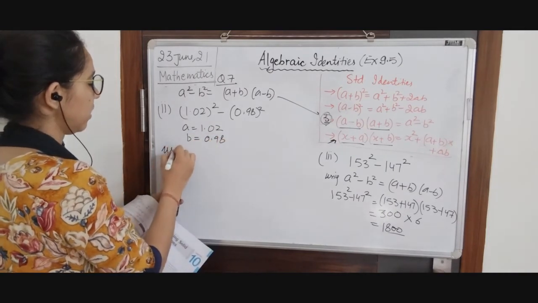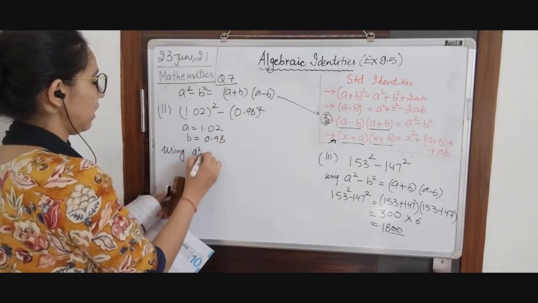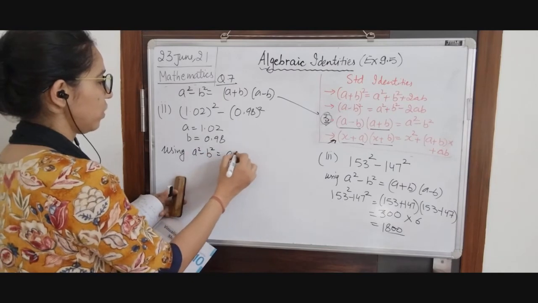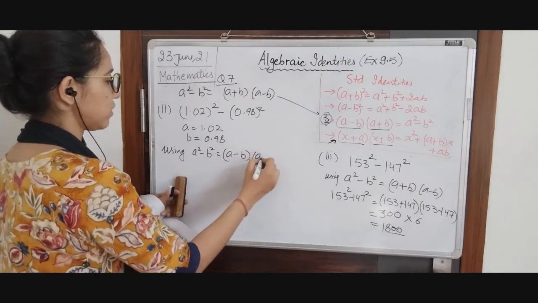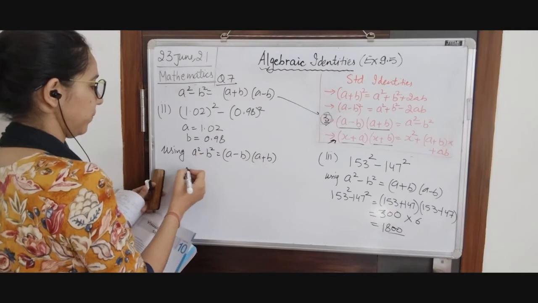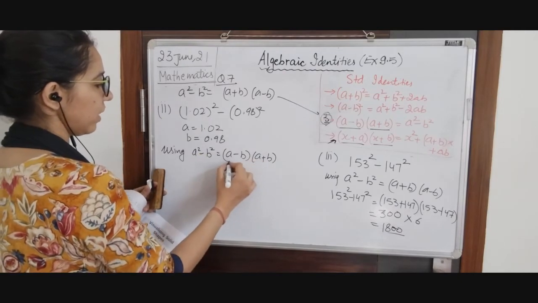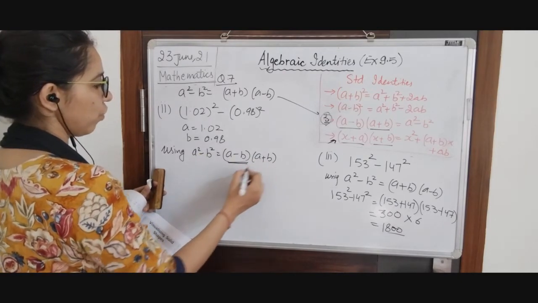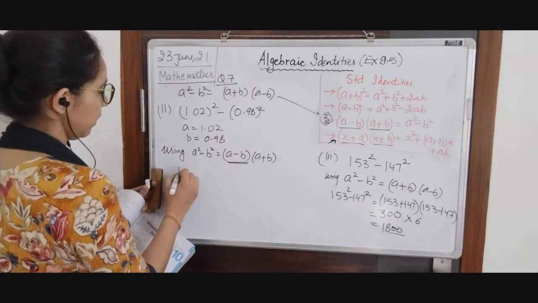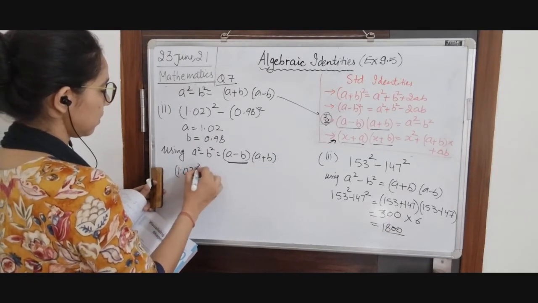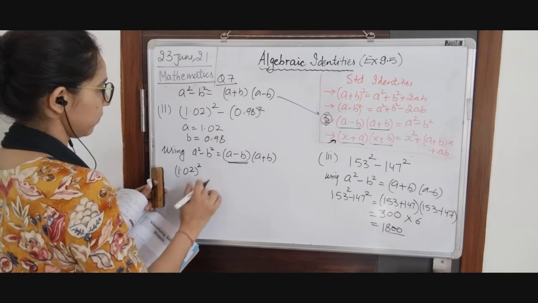You can write using a square minus b square is equal to a minus b into a plus b. The order of the terms is irrelevant. You can write a minus b before, or you can write a plus b before. It doesn't matter. The answer will be correct.